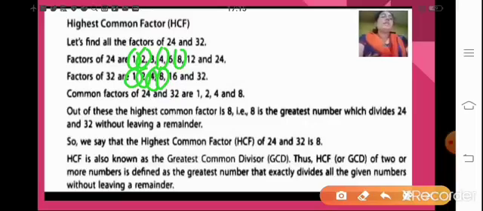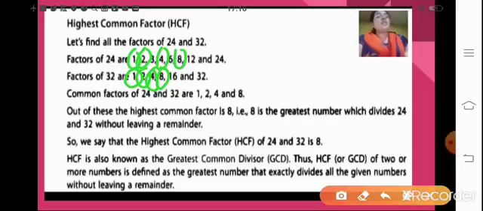Out of these, which one is the greatest one? That is the number 8. So the highest common factor is 8. 8 is the greatest number which divides 24 and 32 without leaving a remainder.